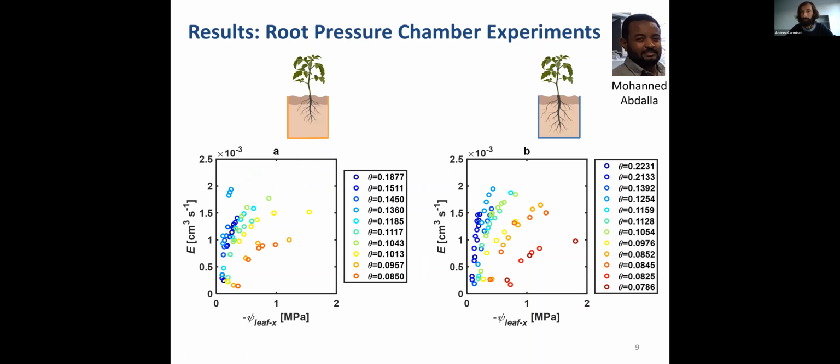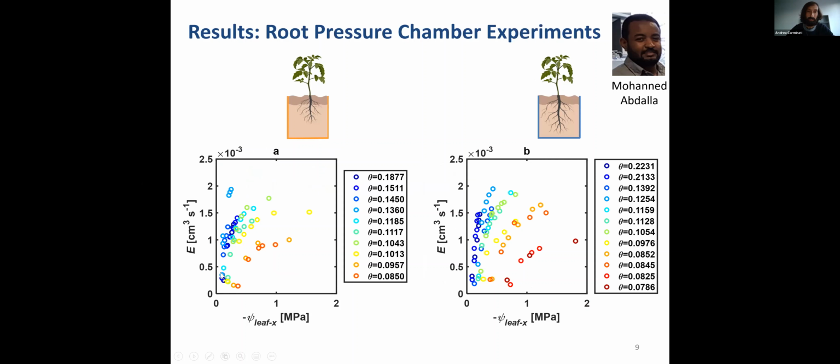did experiments measuring the transpiration rate and the leaf water potential using a root pressure chamber, which pressurizes the root system so that we can maintain the leaf turgid and so the stomata open. And this is the result of 3 plants at different water contents. The water contents decrease from blue to red.